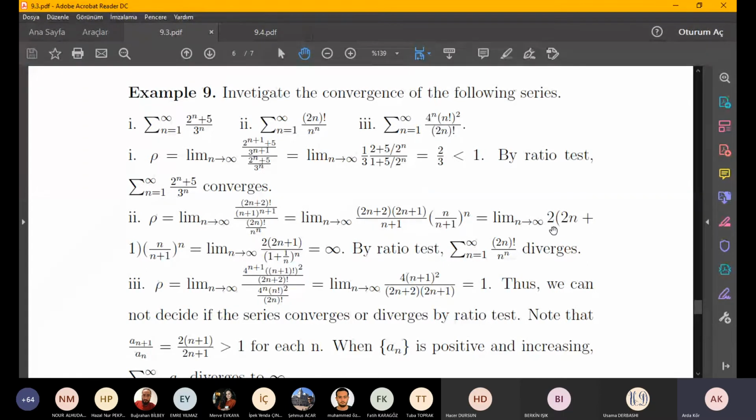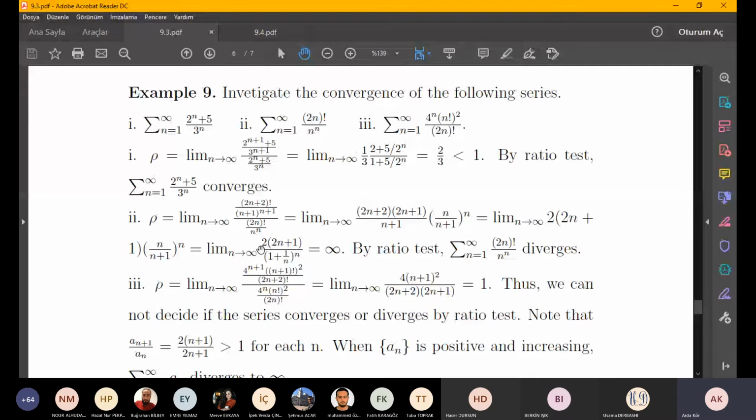And if you just simplify here, the limit will be equal to 2 times 2n plus 1 times n over n plus 1 to the n. And we will rewrite it again. Here the denominator is the e number, if you remember. The limit at infinity of 1 plus 1 over n to the n is the e number, Euler's number. And on the numerator you have 4n plus 2.